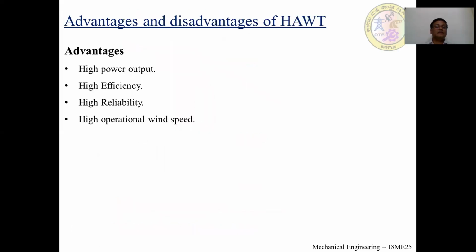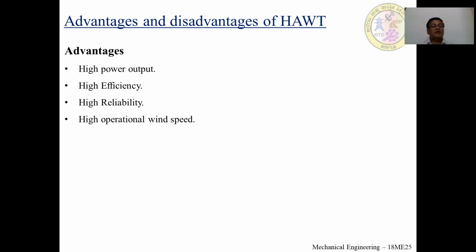Now we'll discuss the advantages and disadvantages of the horizontal axis wind turbine. Here you can see I have noted four important advantages. The first one is high power output, the second is high efficiency, the third is high reliability, and the last one is high operational wind speed.